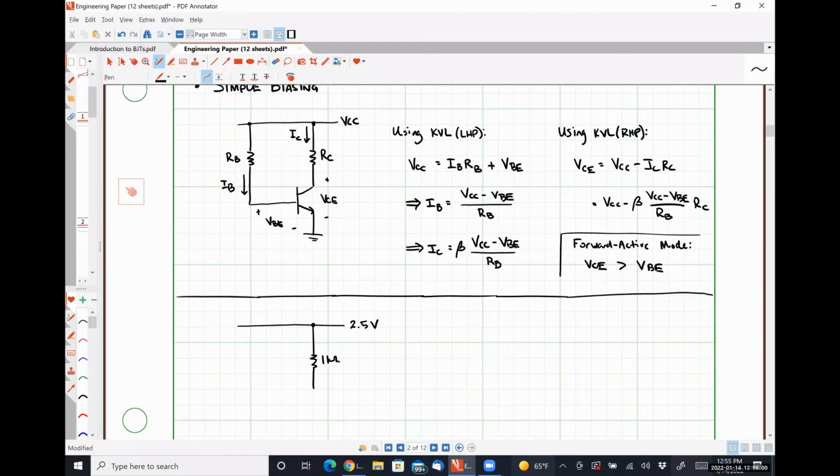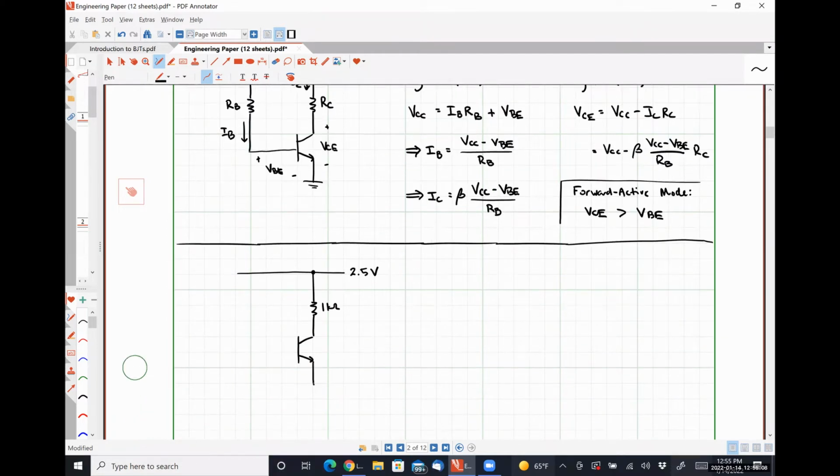I have a 1 kilo ohm resistor for RC, a 100 kilo ohm resistor for RB.